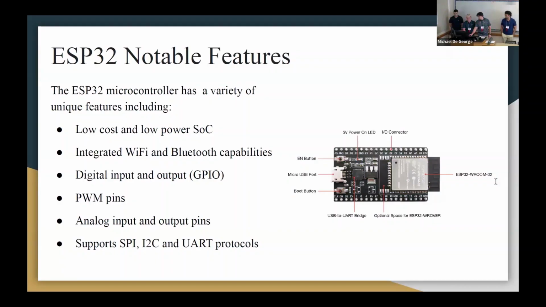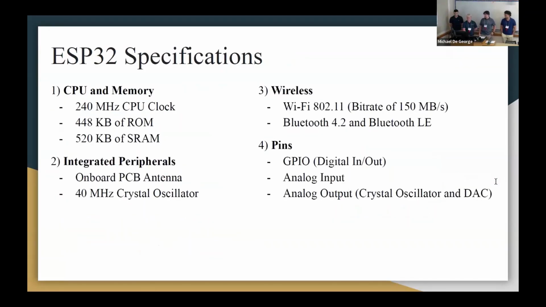So some of the specifications of our chip, it has a 240 megahertz CPU clock, as well as 448 kilobytes of ROM and 520 kilobytes of SRAM. Integrated on the board, there's an onboard PCB antenna, as well as a 40 megahertz crystal oscillator.